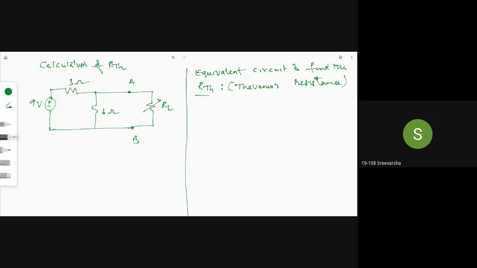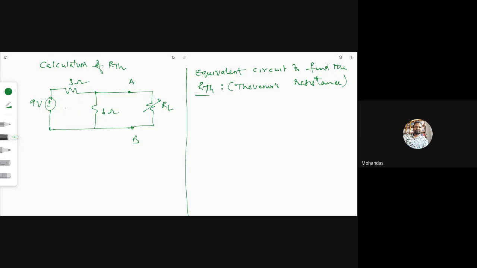Remove all the independent sources and replace them with their internal resistance. Looking from the open load terminals AB, find R equivalent, which is nothing but R Thevenin, RTH, Thevenin resistance. See here, if you want to calculate the resistance, the circuit should have only resistors.